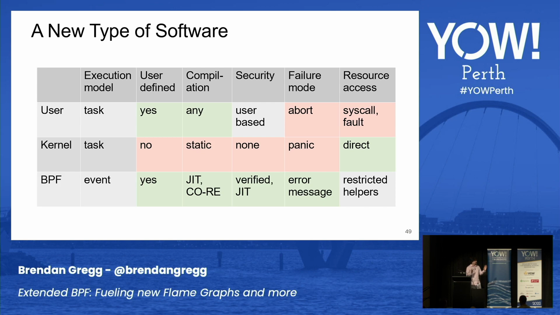Resource access is better than user space. You don't have to syscall or fault to I/O, but it's not quite as good as the kernel because you have to go through restricted helpers, but it's still pretty good. It is secure. It's verified and JIT compiled. That's a big selling feature. And it's because of those two columns, security and failure mode, that previously, if a startup came to Netflix and said, we have this great new product, please run it, it's a kernel module, we'd say no, the kernel module could panic our service.